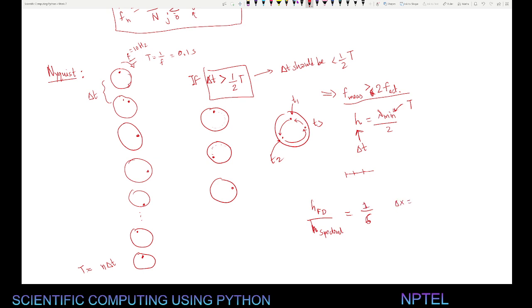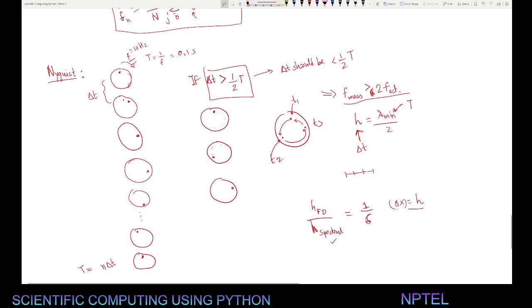This delta x is the same as h. You don't want delta x to be very small because it will take longer. So using the spectral method, you can take a higher value of delta x or h and get the same result.